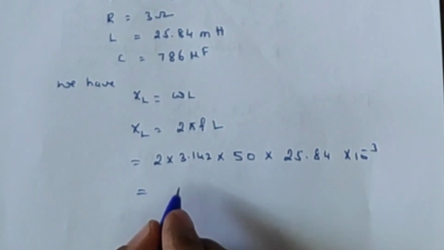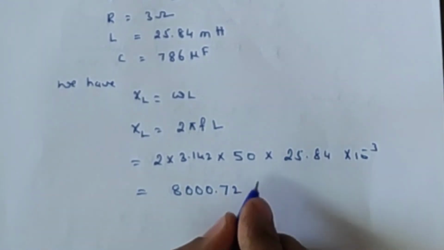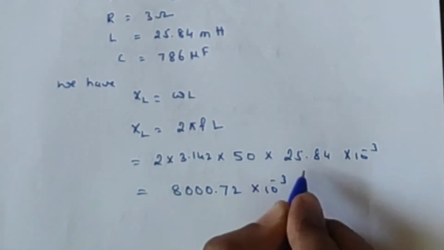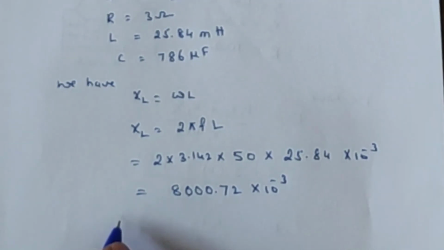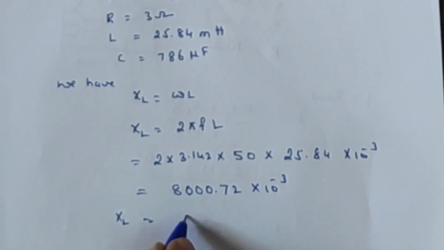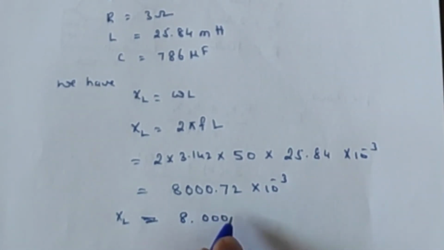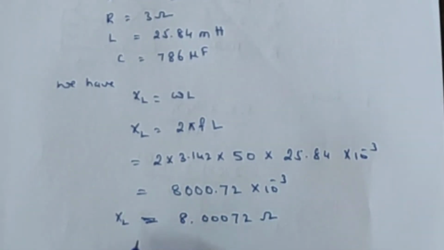When you multiply, we get 8000.72 into 10 to the power of minus 3, so divided by 1000, we get XL equal to 8.00072 ohm, or nearly equal to 8 ohm.